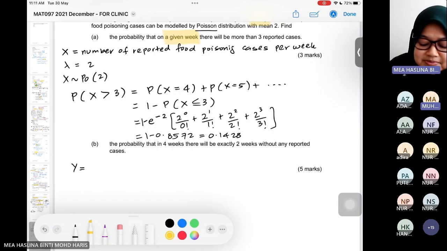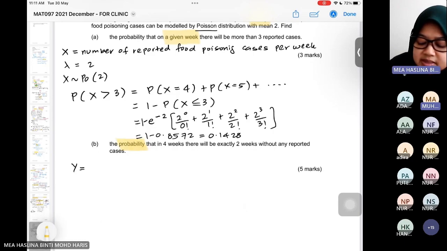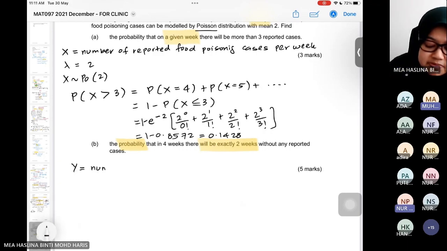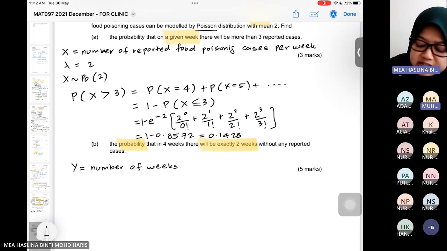Anyone would like to try? Probability will be exactly 2 weeks. So it's about number of weeks, number of weeks without any reported cases.